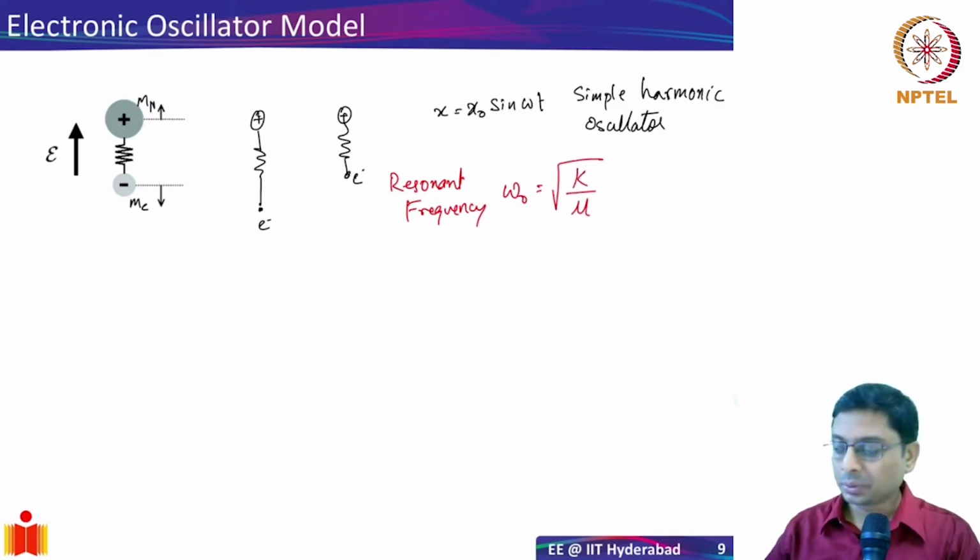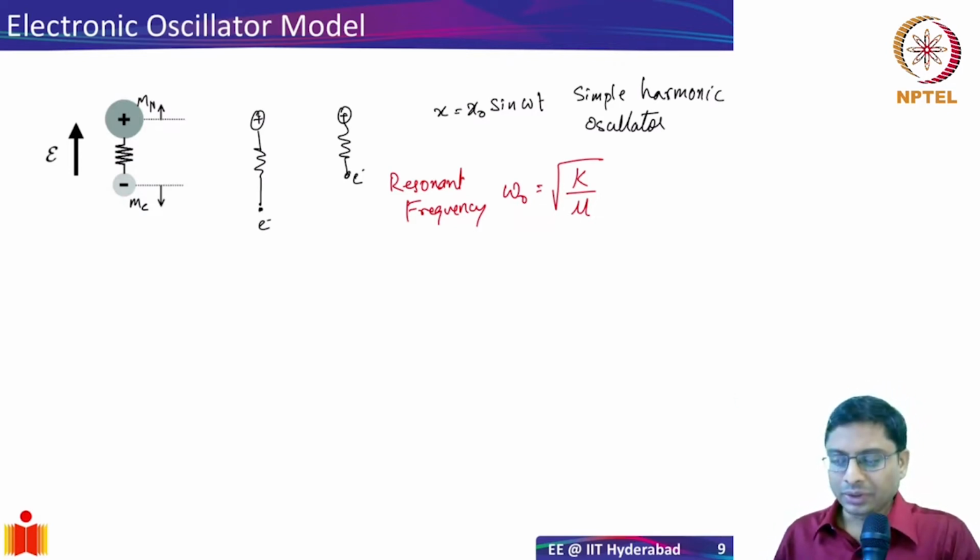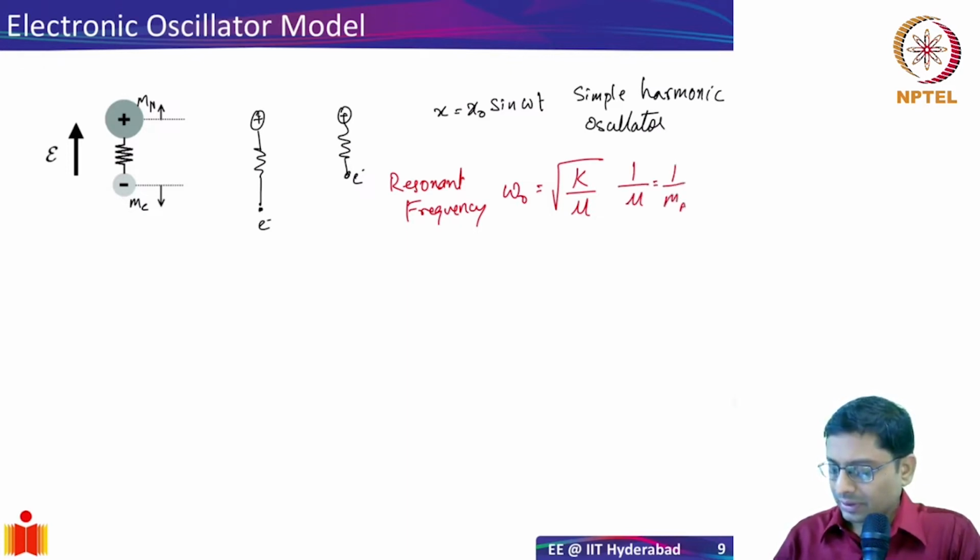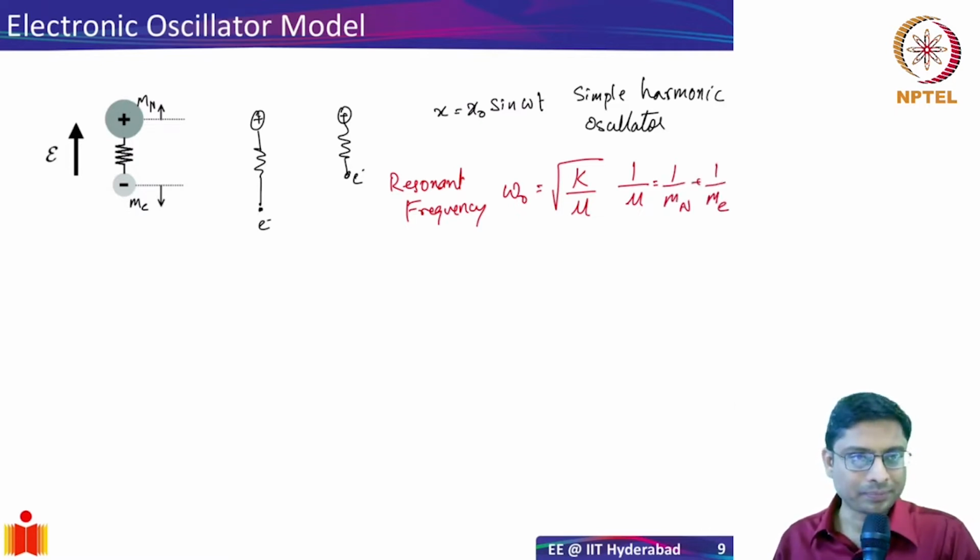Because we have two particles, we want to deal with a reduced mass so that it's easier to describe. The reduced mass is 1 over mass of nucleus plus 1 over mass of electron, so a harmonic mean.